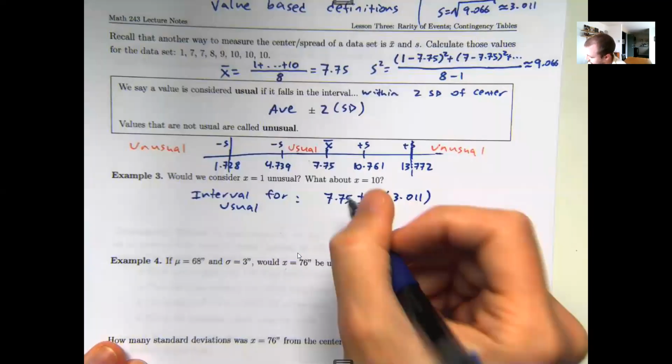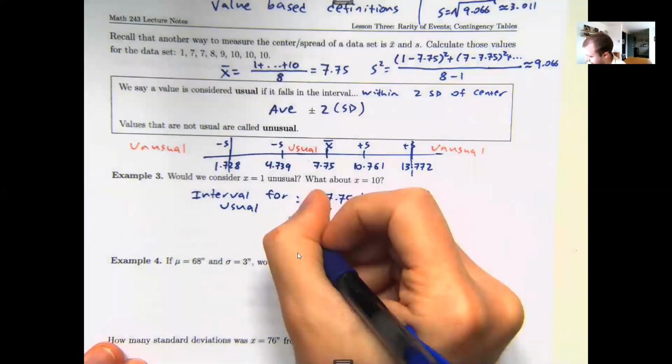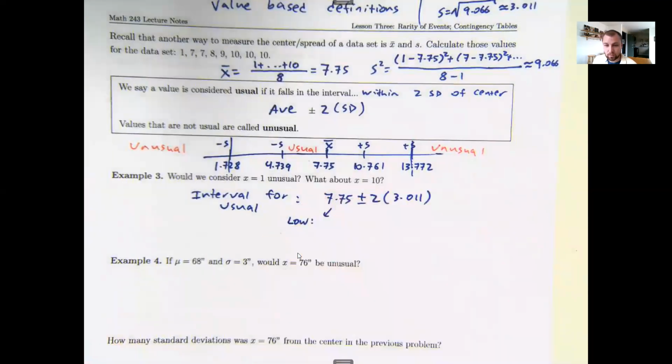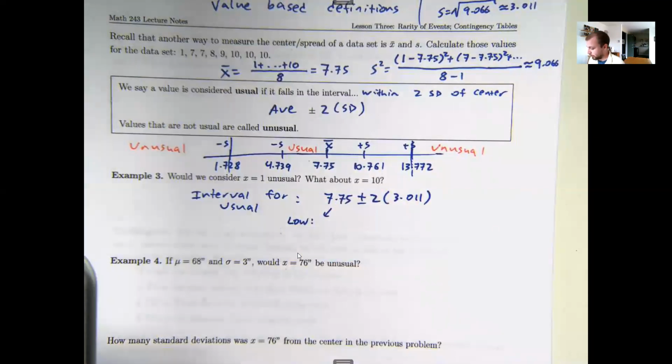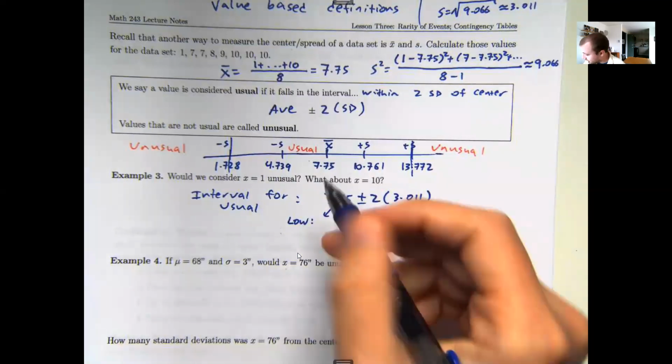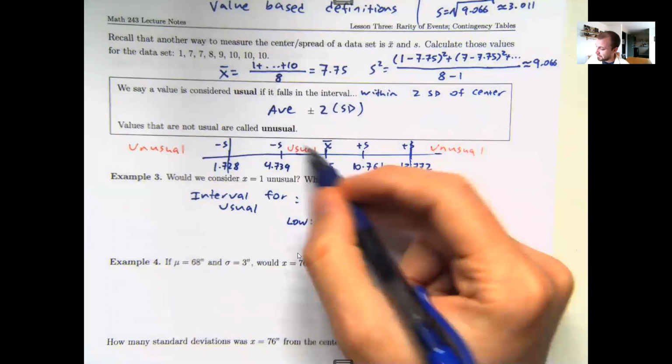So doing this with the subtraction, I get a low value, 7.75 minus 2 times 3.011 of 1.728. Oh, I can even see that in my picture.